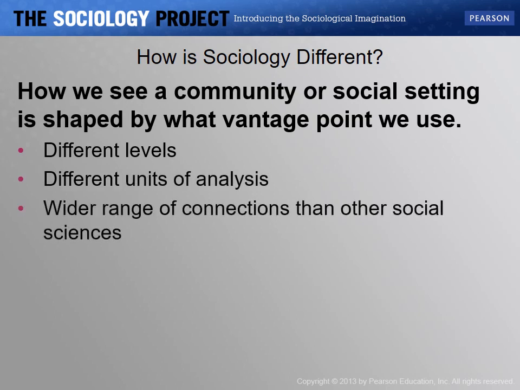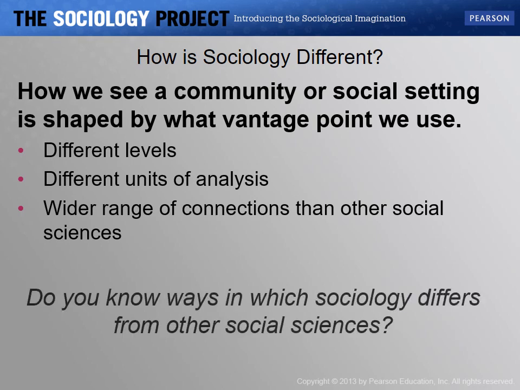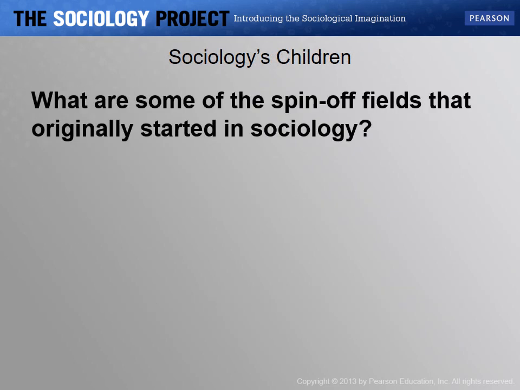We can look at sociology from different levels, from the micro to the middle to the macro level, different units of analysis, making a wider range of connections other than the social sciences, as I mentioned, into medicine. Some of the spin-offs from sociology include the science of criminal justice or criminology, gender studies, which is a huge area, including racial studies.